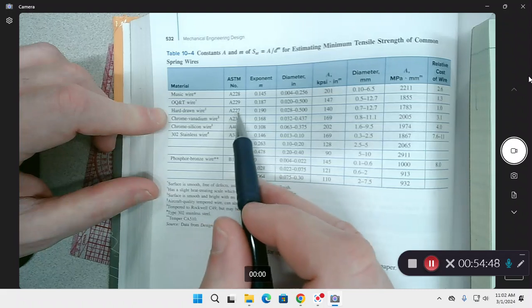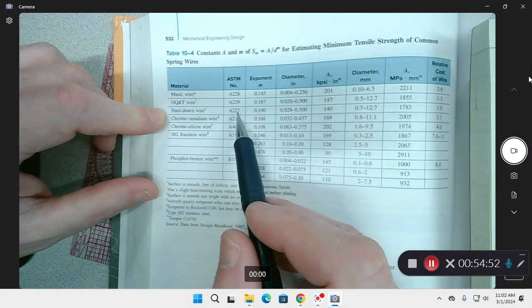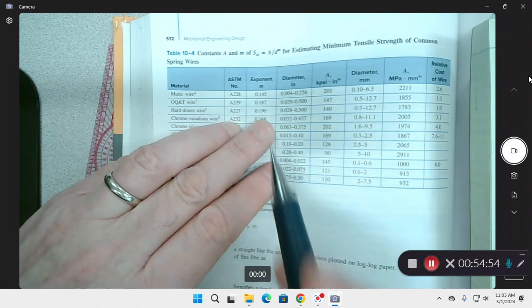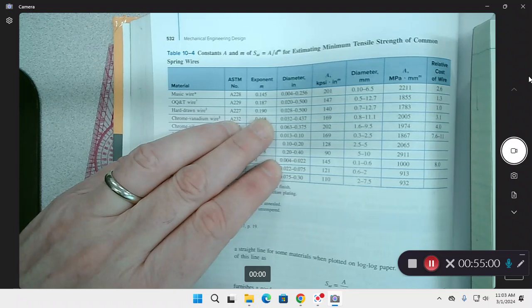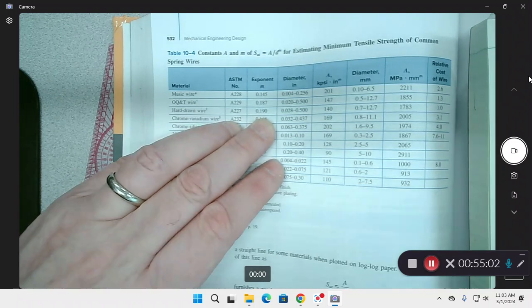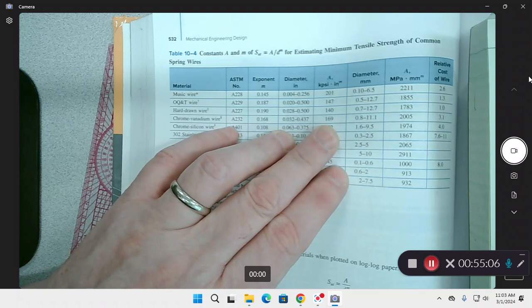It just says surface, no. Oh, it has the number right there, right? Look at me, not paying attention to stuff right in front of me. So we get our m, I'll write that down, 0.190, and A in US units. Is it the right one?